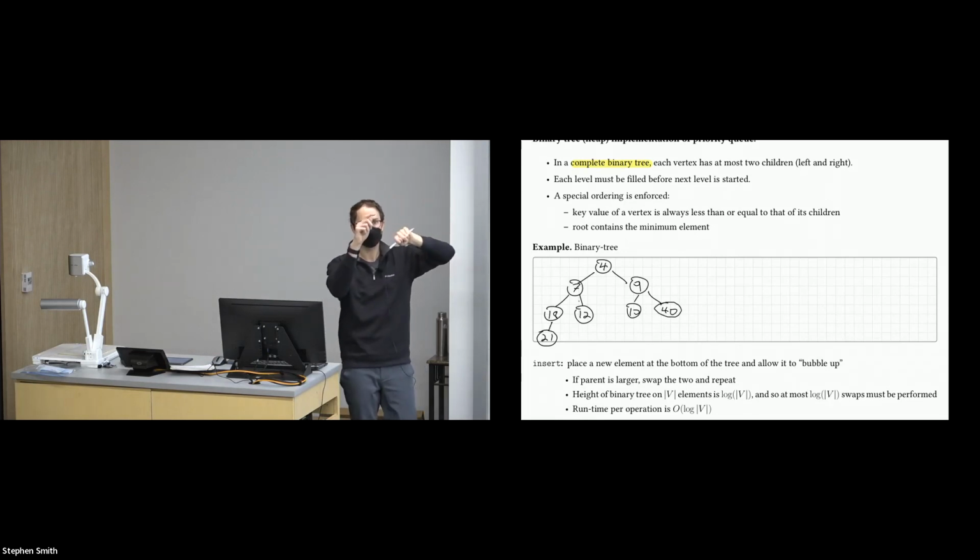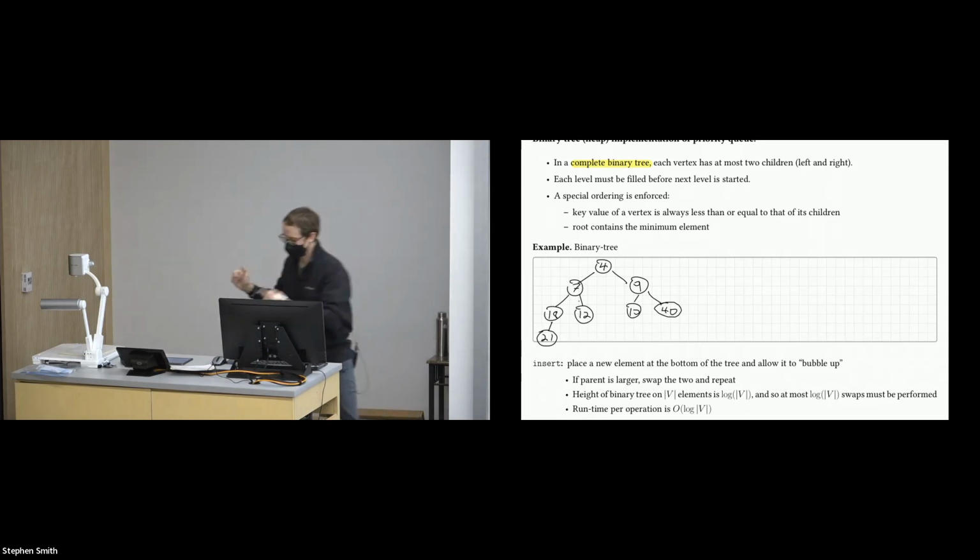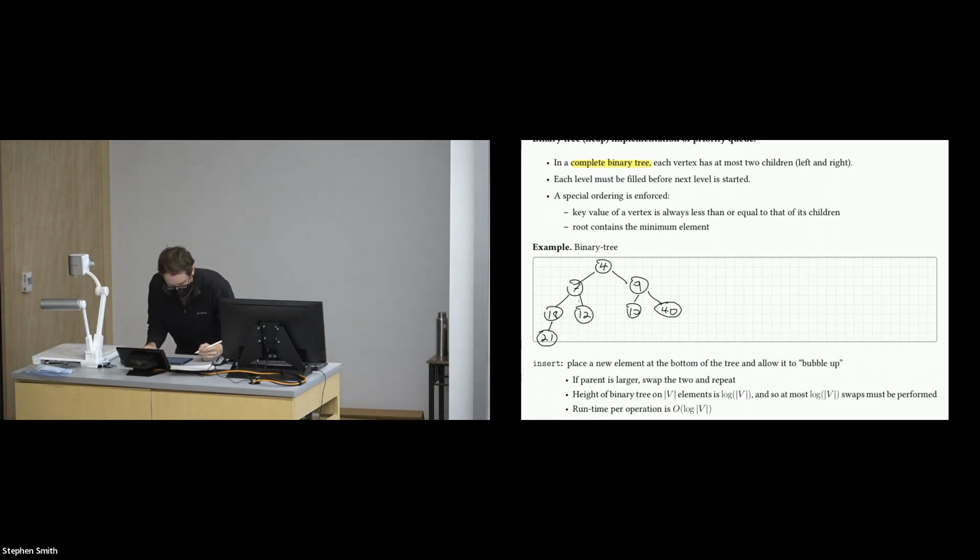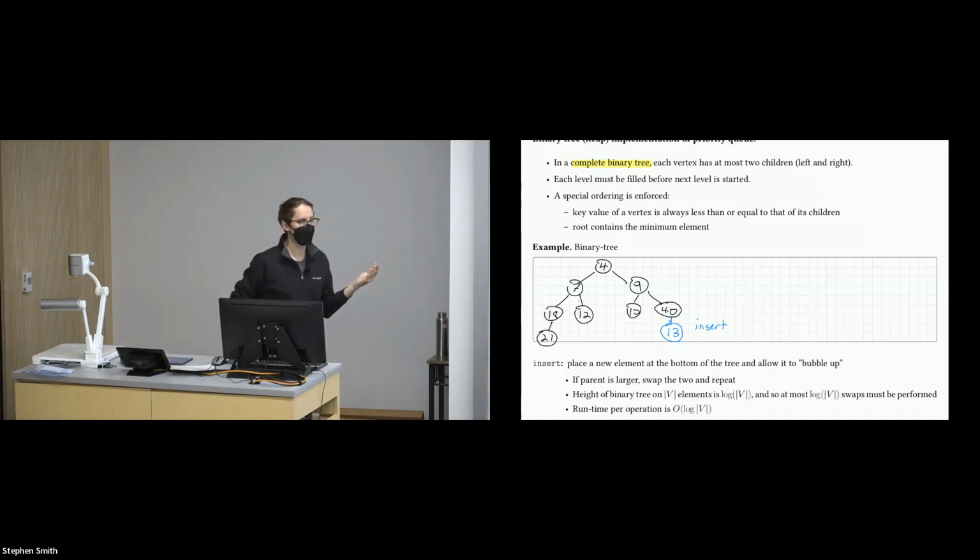If it is, it's not in the right spot, and I swap. Let me draw an example. Let's say I put 13 right here. So I'm inserting 13 into the tree. Now I check, is 13 larger than 40? No. So now I swap.